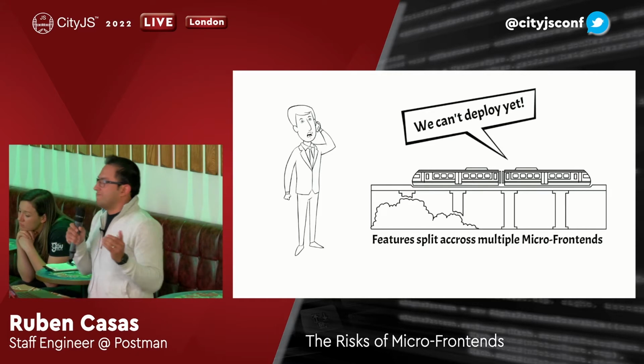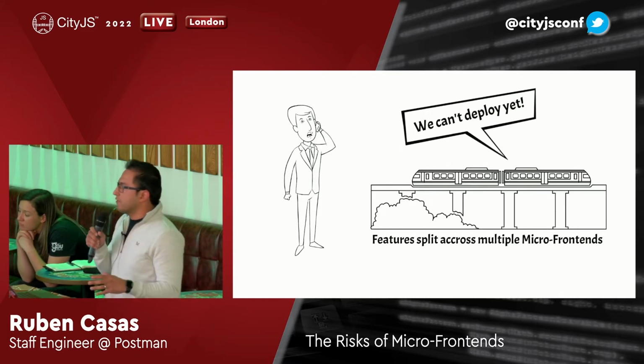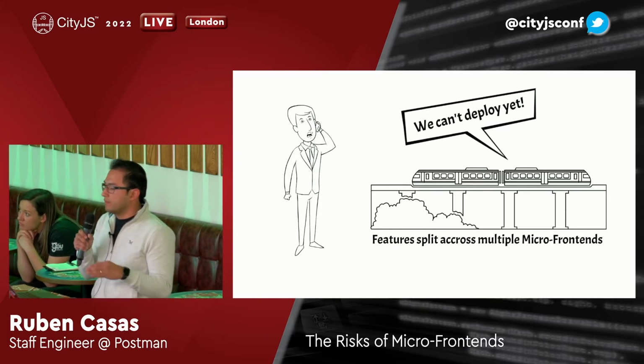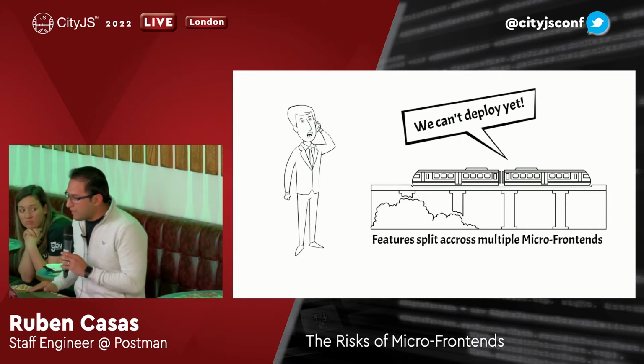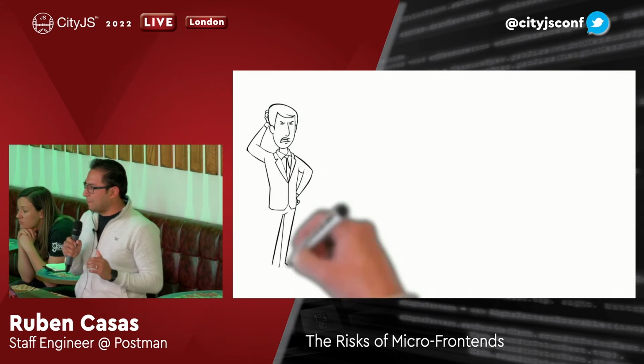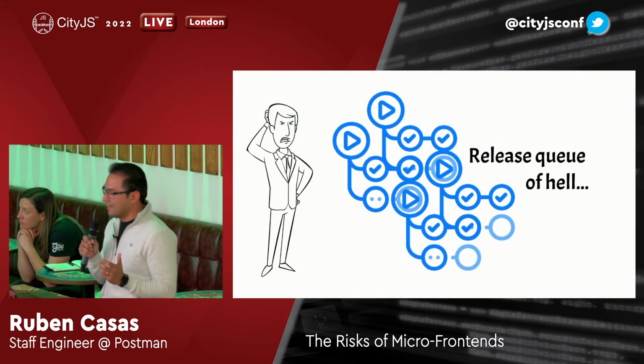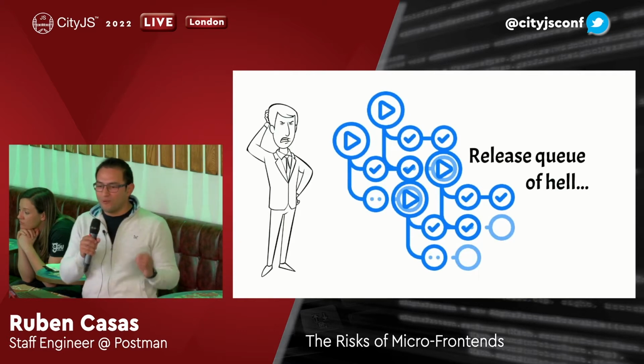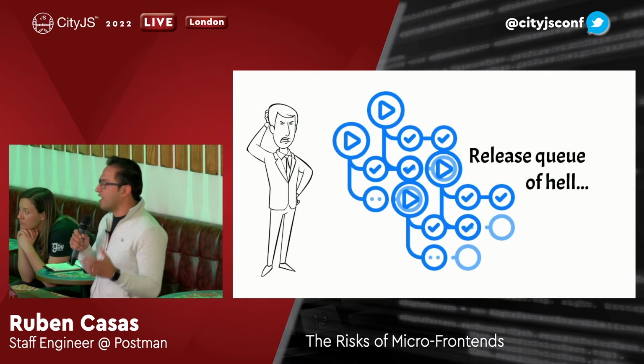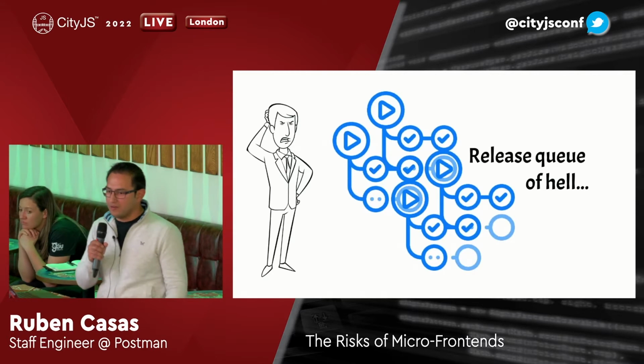And they just couldn't do that because the micro-frontends were on the same feature. That caused an even bigger problem, something I like to call the release queue of hell, where you have to deploy multiple applications in order to get a coherent, consistent experience.